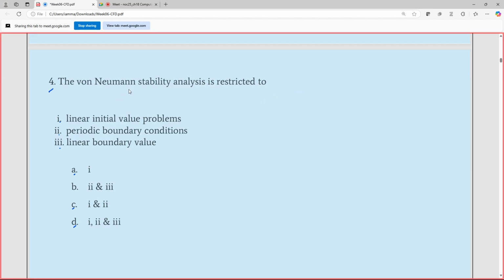Von Neumann stability analysis is an analysis for numerical schemes to check how stable they are, where we introduce small errors and check how the error is propagating. You can invoke your answers. Which of the following is best suited for von Neumann stability analysis?